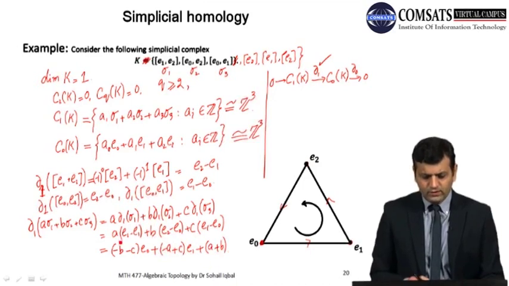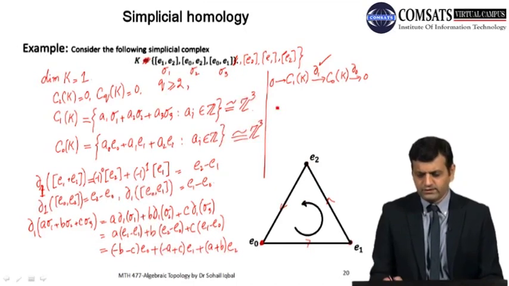Now this is 0 if and only if minus B minus C is 0, minus A plus C is 0, and A plus B is 0. So let's see what the conditions are.